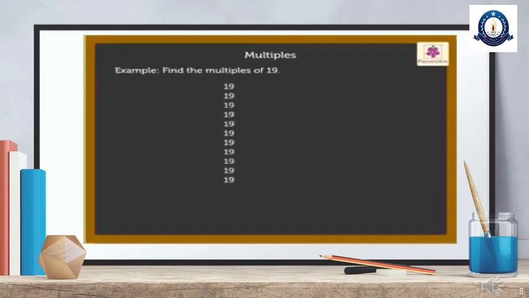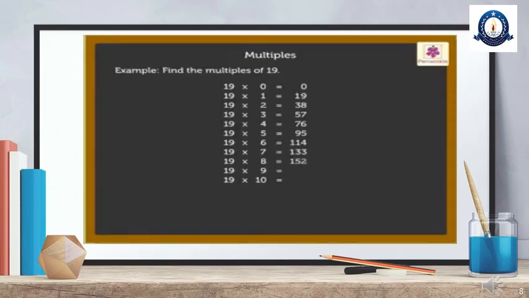When we multiply 19 by 0, 1, 2, 3, 4, 5, 6, 7, 8, 9, 10 and so on, we get 0, 19, 38, 57, 76, 95, 114, 133, 152, 171, 190 and so on.